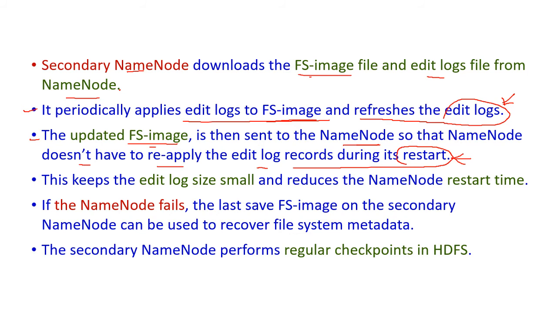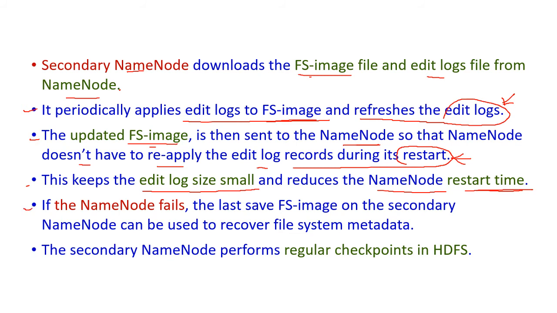The secondary name node keeps the edit log file size small and it reduces the name node restart time. So the name node restart time is highly dependent on the edit log file. If the file size is small, then automatically the restart time will also be small, right?